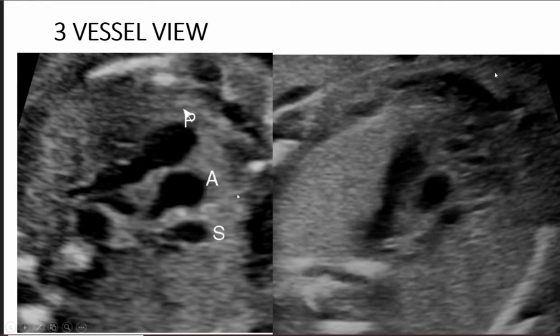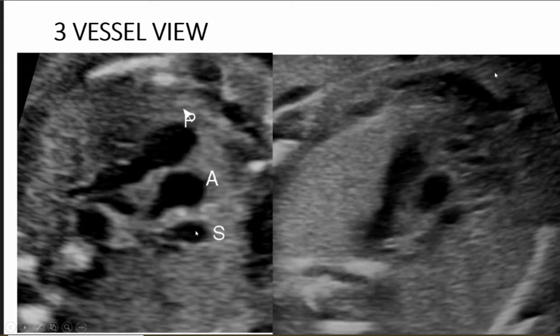The 3-vessel view is a very important view of fetal echo. The 3 vessels are from left to right, pulmonary artery, aorta, superior vena cava. And the mnemonic is PAS, PAS. So the 3-vessel view has many characteristics. The 3 vessels are 1, 2, 3, pulmonary artery, aorta, superior vena cava.